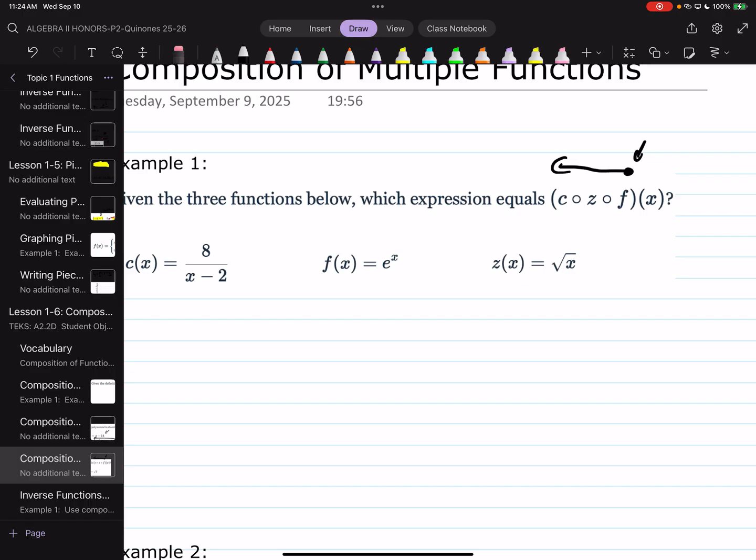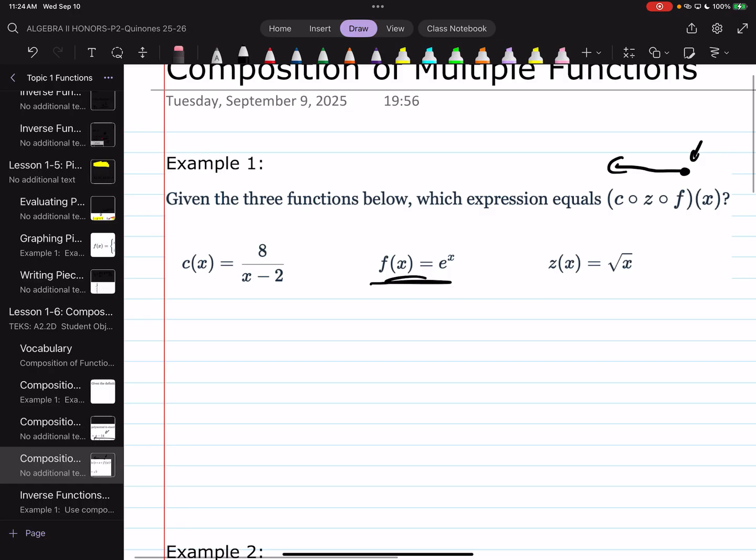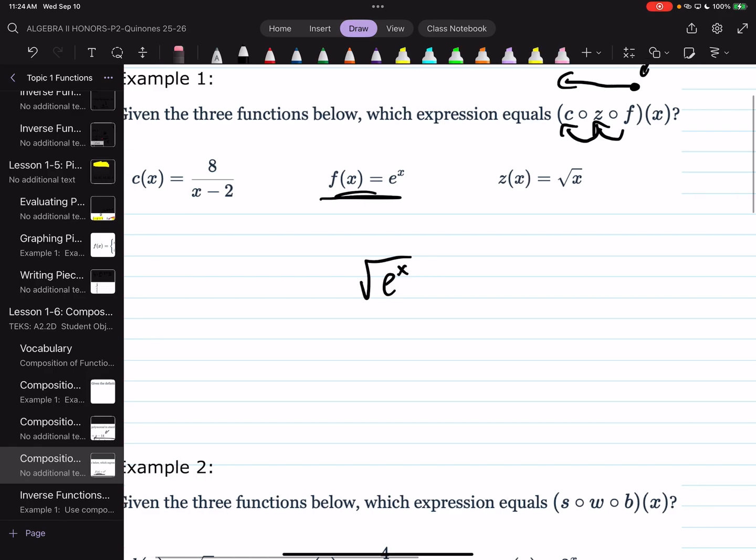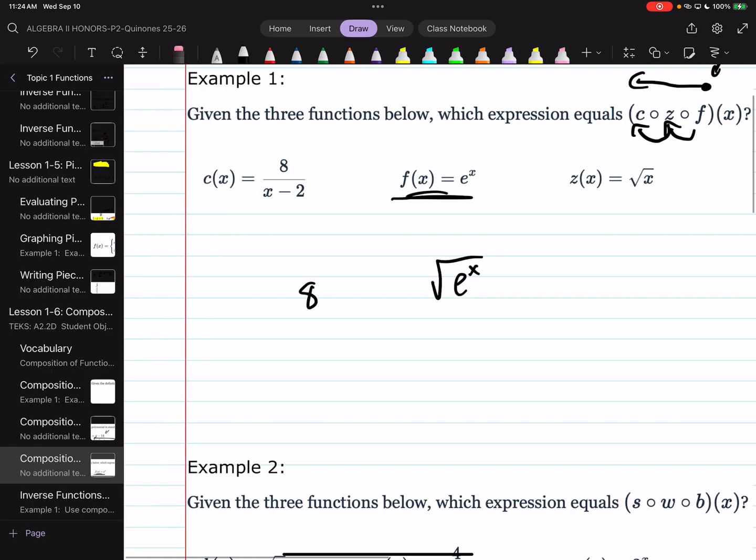So we start with F. F is going to go into what function? Z. Okay, so then I rewrite this as square root of e to the x. And then all of that is going to go into what? C. So then my answer to this is 8 divided by the square root of e to the x minus 2.